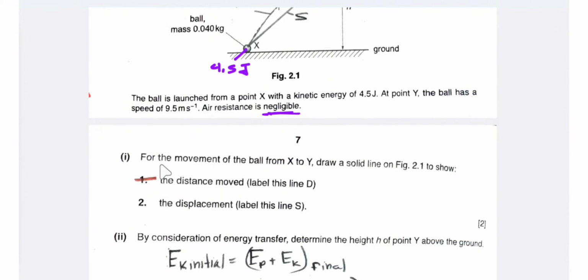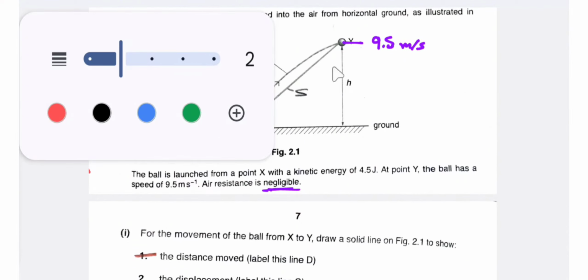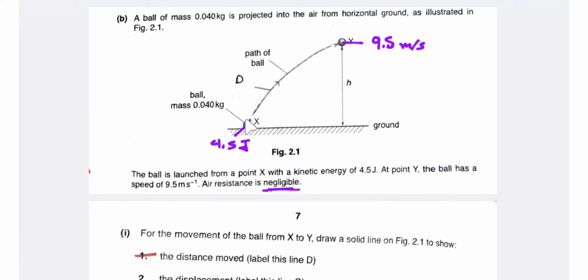Now, for the movement of the ball from X to Y, draw a solid line on figure 2.1 to show the distance moved. Label this line D. So first of all, what is the distance traveled by the ball from point X to point Y? Let's suppose this is X and this is Y, and this is the distance traveled.